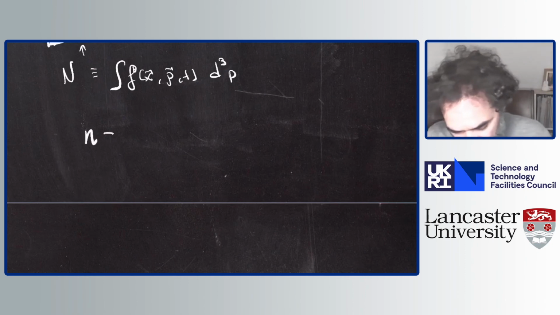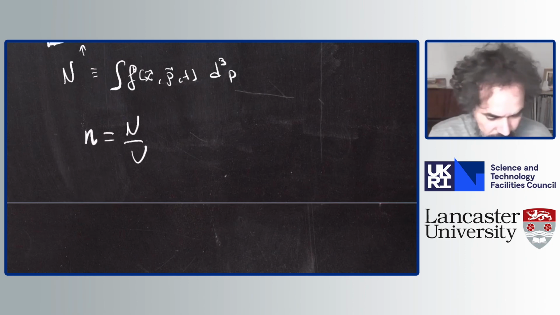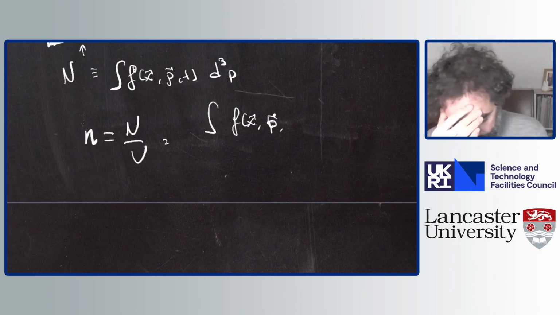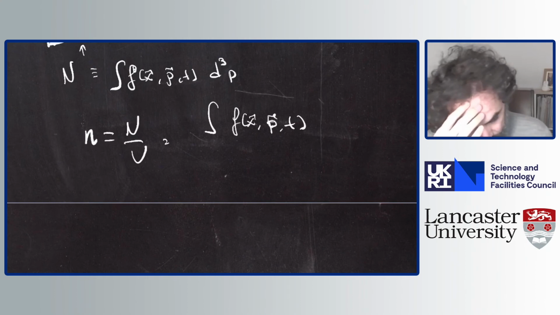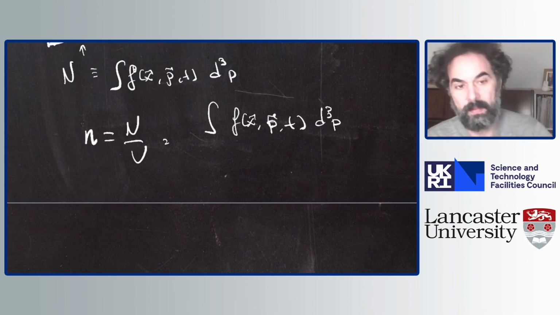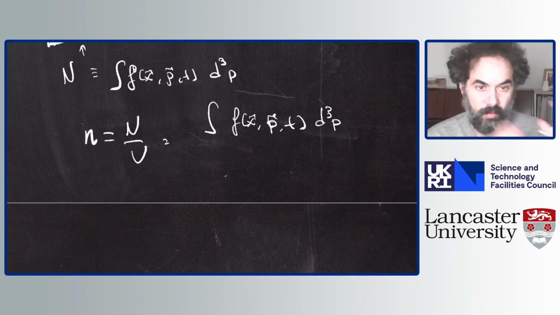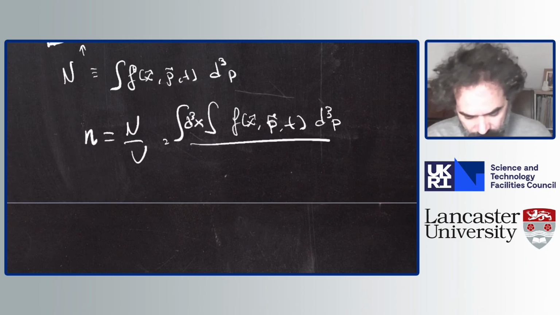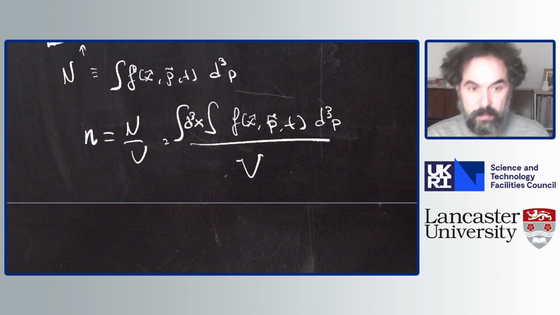So the number of particles per unit volume is basically what I just wrote, this integral over p. And you want to have the total number of particles in all the volume, so you also integrate over the volume element, normalized by volume.